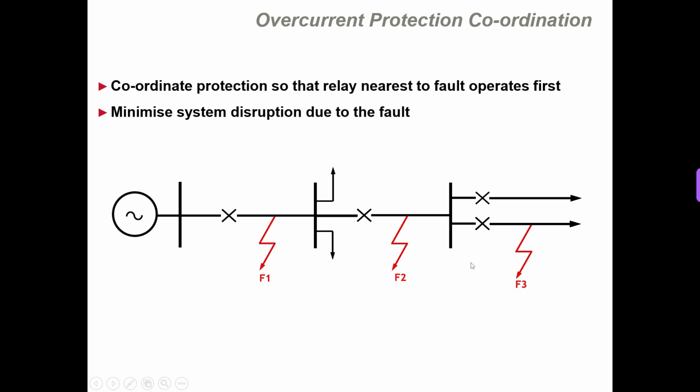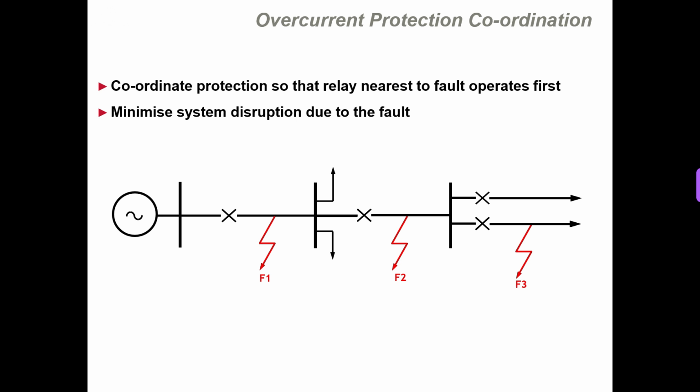Same is here. The relay at this location, suppose R3, should operate faster as compared to the relay at R2, and similarly, relay at R1 should operate after R2. All this we will discuss in the upcoming slides, how it is done.